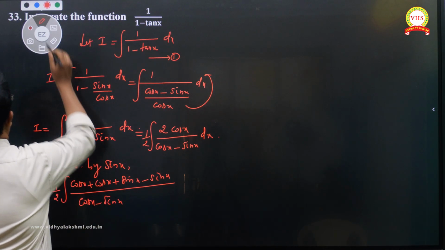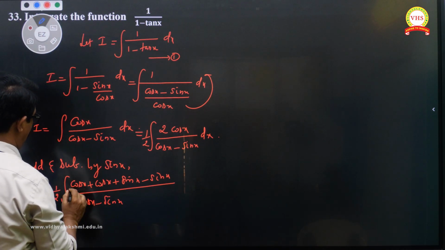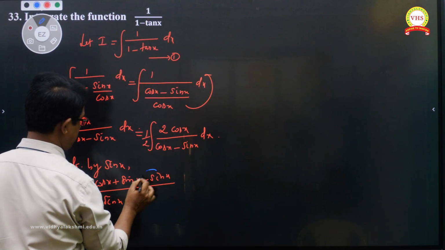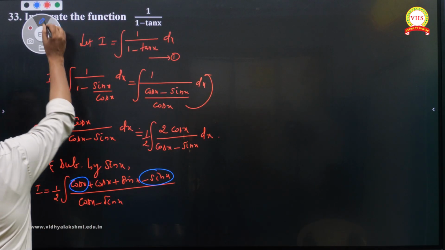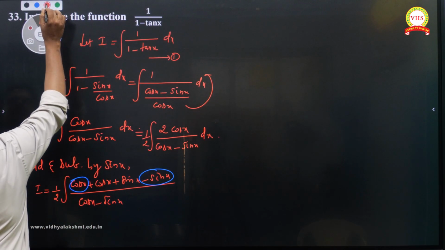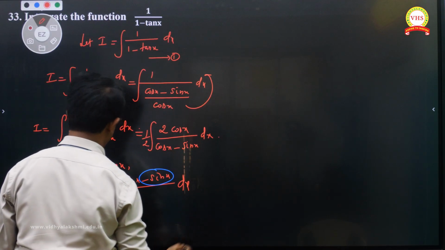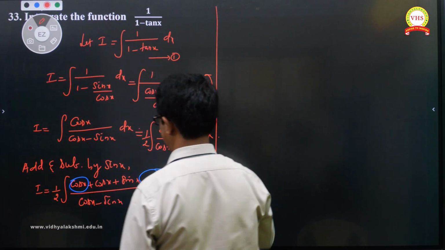We need to pair it as cos x minus sin x, this is cos, this is minus sin, and then dx. Then finally, separate this integration.